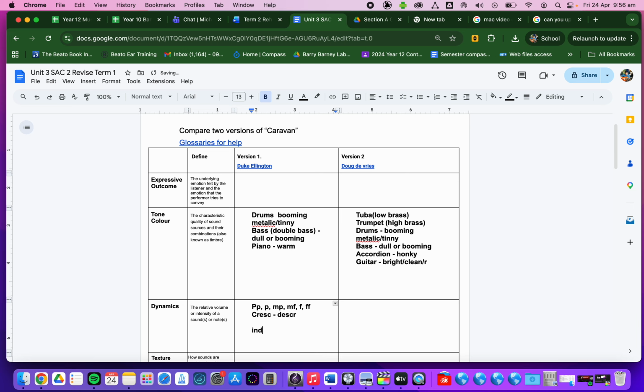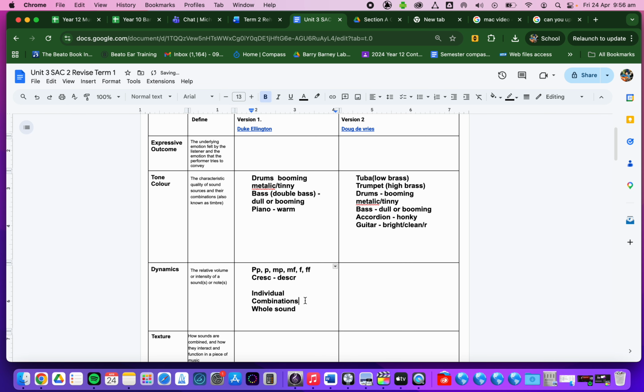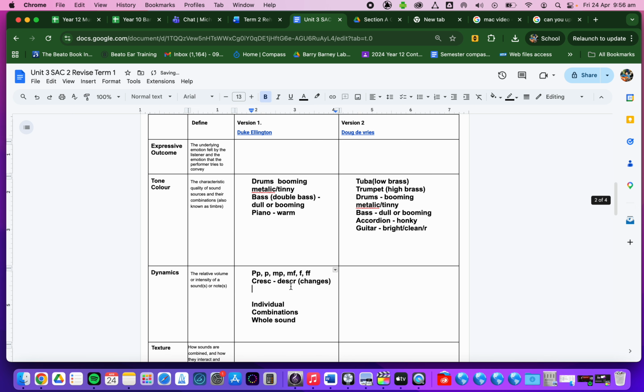So we've got individual instruments. We can describe that the vocals are very loud, or the piano is very soft, being the piano the instrument, not the dynamic. So individual instruments, combinations of instruments, or the whole sound. So we're trying to describe that, and as I said before, the changes in the sound, and the causes.